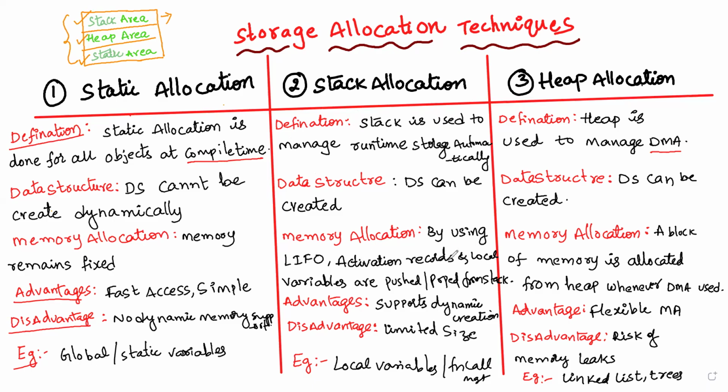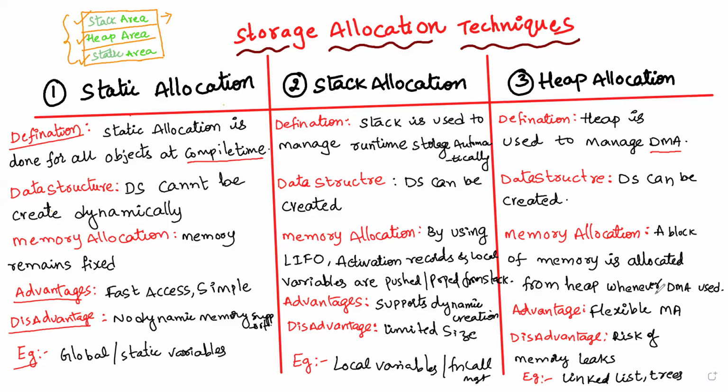Activation records and local variables are pushed or popped from the stack. But when you go for heap allocation, a block of memory is allocated from heap.